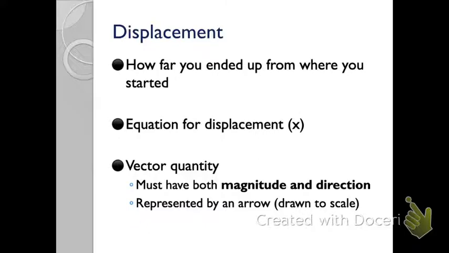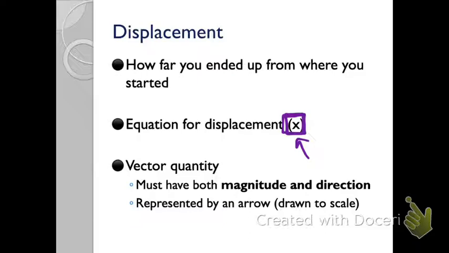Okay? So displacement, like I said, is how far you ended up from where you started. We use the variable x for displacement. That's our variable for displacement. So if we're solving for how far did something go, x is the variable we use. If we're looking at vertical displacement, we would use the variable y.